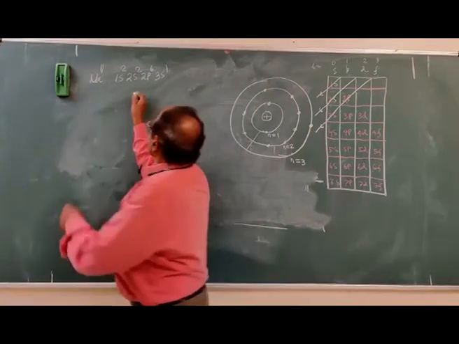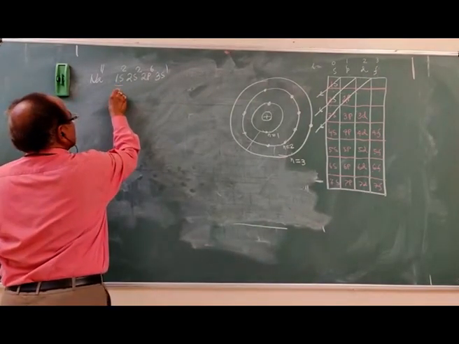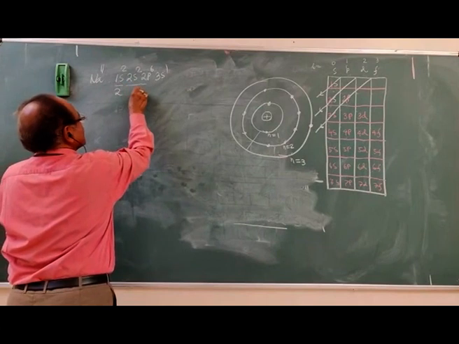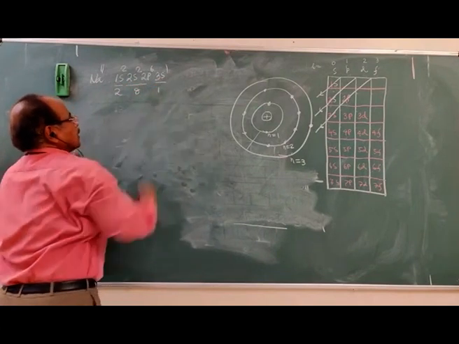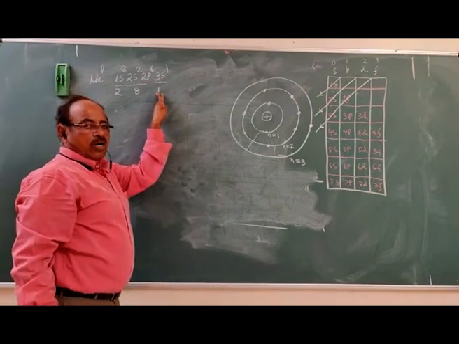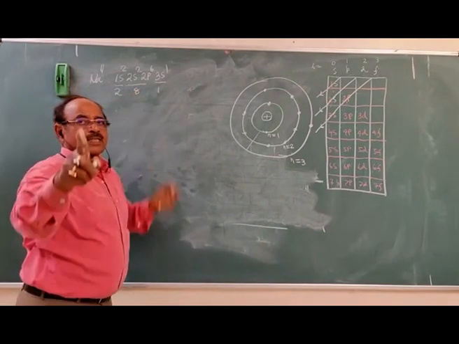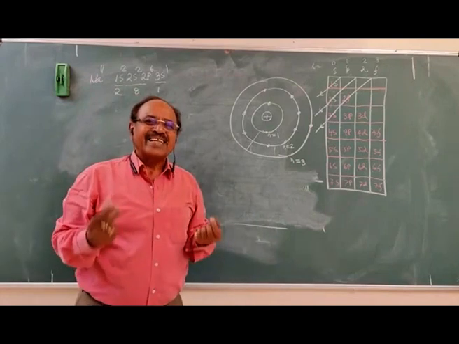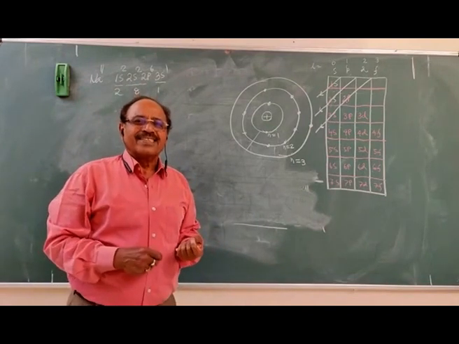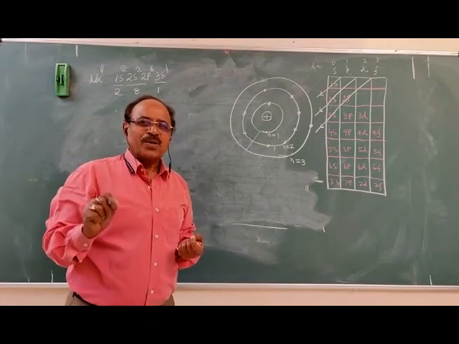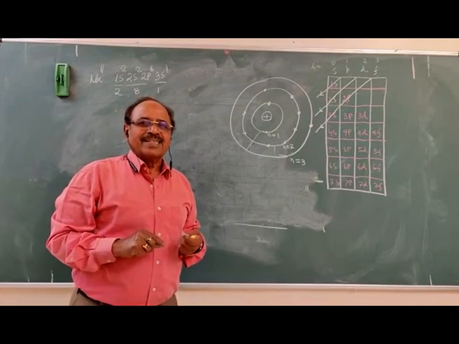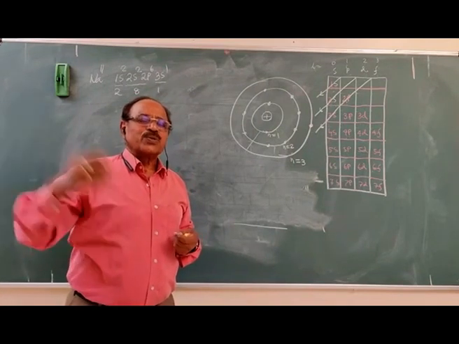If you look at sodium, it has 2 electrons, 8 electrons, and 1 electron. If it gives away this electron, it will attain an octet. Hence, sodium is a highly electropositive metal. It has a strong tendency to lose an electron.